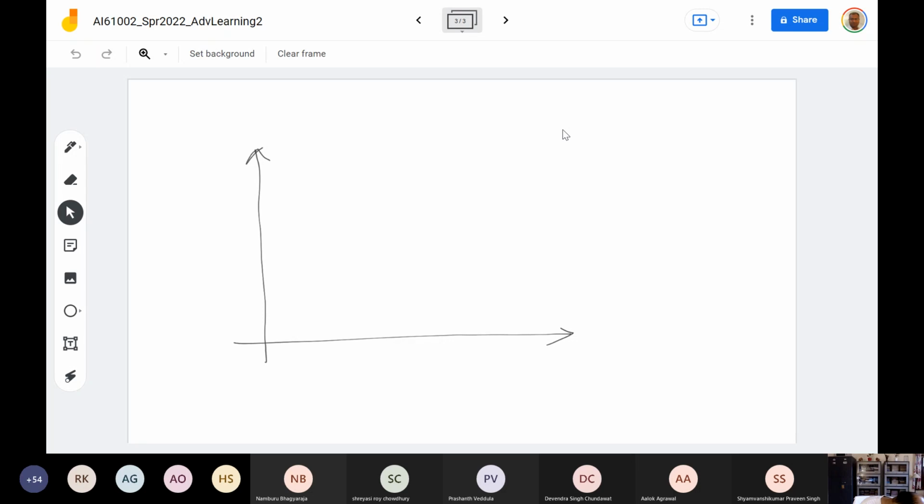So let me use the same colors. This is my J recon. This is my J discriminator.